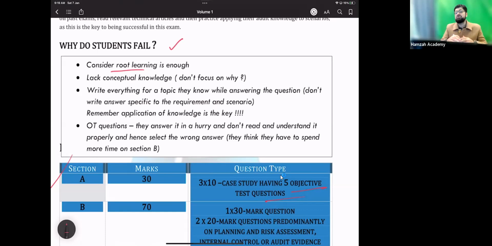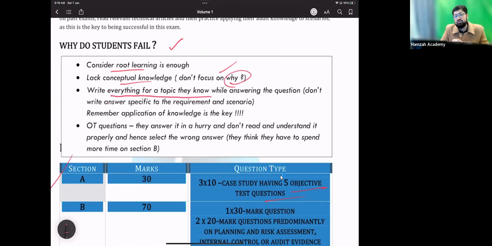In the majority of the syllabus, yes, there are things to memorize, but not just copy paste. They lack conceptual knowledge of why they are writing an answer. You are writing an answer for a topic because it is a scenario. So why are you writing it? Justify. If you know that, then it's good. If you say, okay, I have just memorized this and this, no. Why is very important.